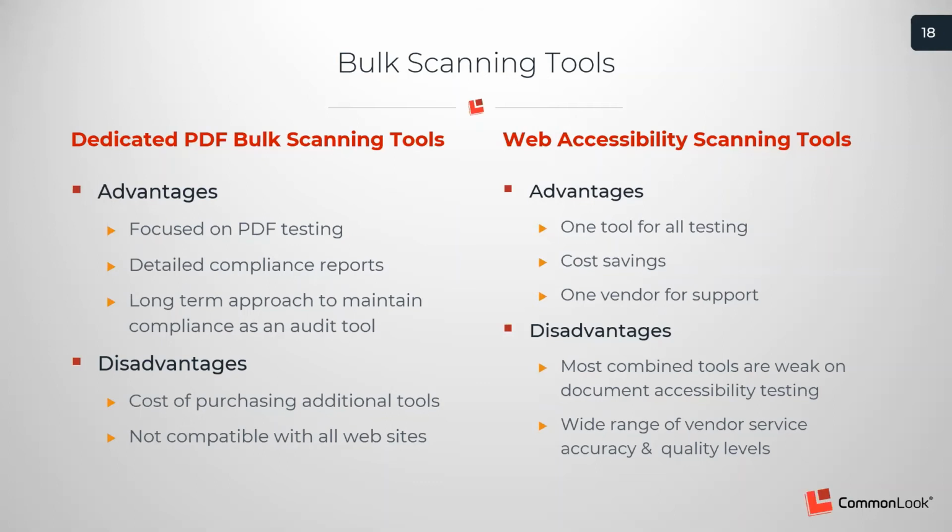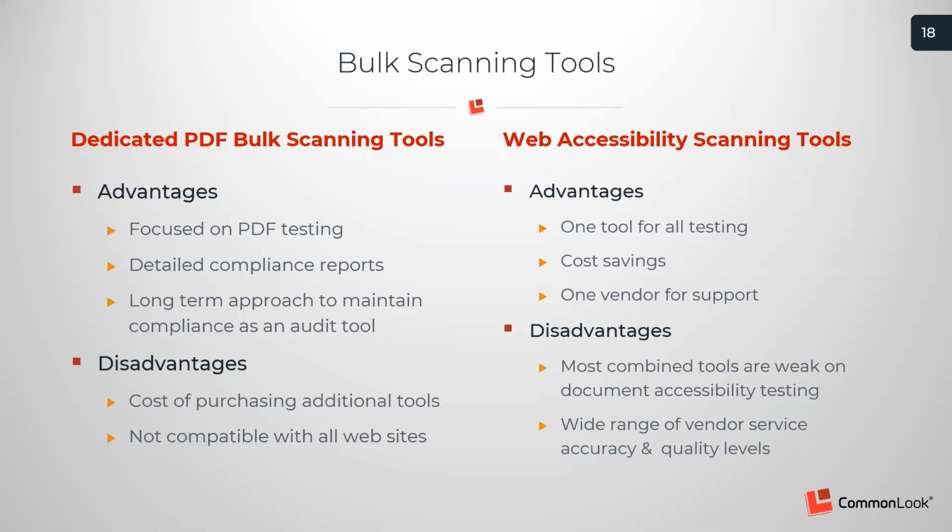Now, among the disadvantages are the fact that a PDF bulk scanning tool represents an additional cost to purchase, license, or subscribe to. Also, there are sometimes compatibility issues with different websites. And from a reporting perspective, not all bulk scanning tools provide enough detail about the compliance status to be really useful.